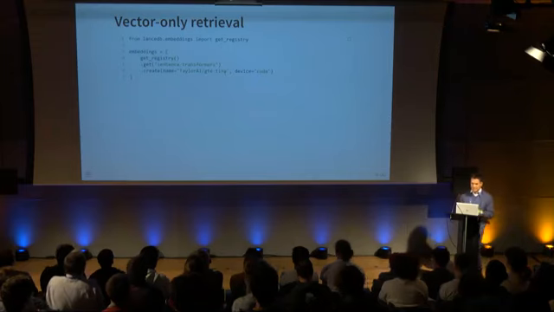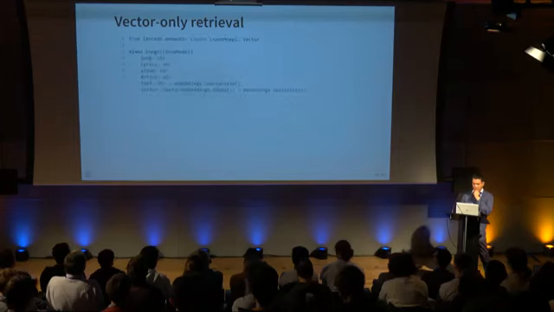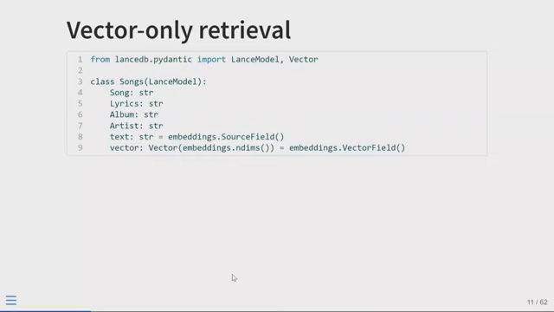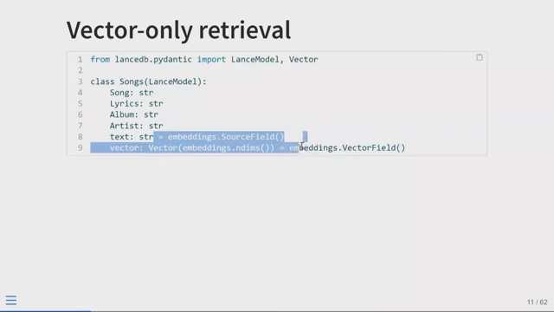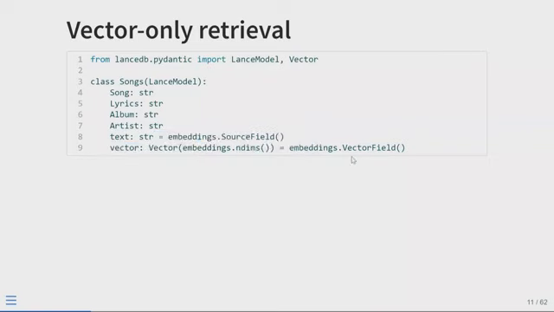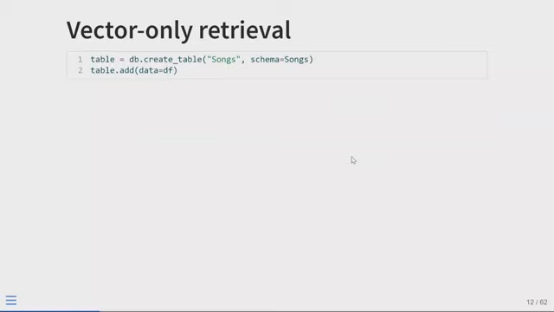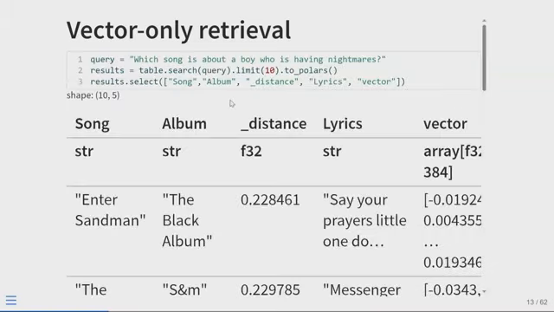And with this embedding, the nice thing with LanceDB is that you can specify what's the input and what's the output. In this case, the text is going to be the input, and the vector is going to be the output. And with this, you can search. So first things first, I need to create the table and put it there. And then I can search.